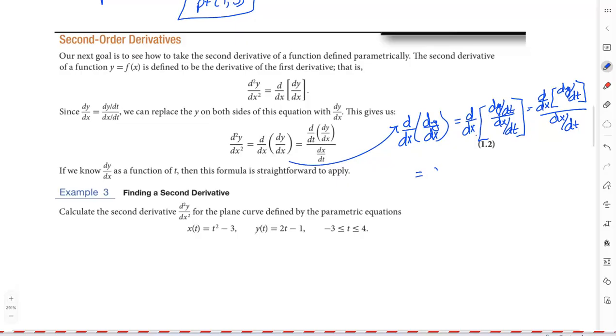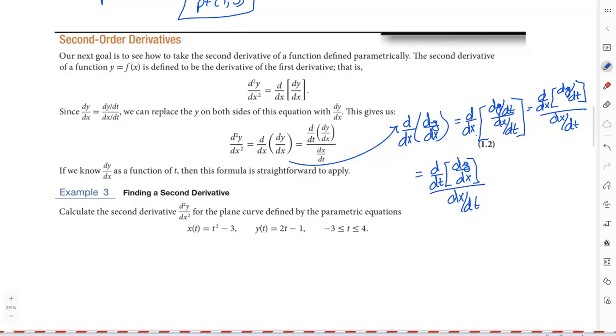So I could think about d over dt times dy over dx, and all that's over dx over dt. And that's where our derivative equation is coming from for that second derivative. That's supposed to be an x, dy over dx. So it's d over dt of dy over dx divided by dx over dt. It's just a manipulation of the variables there.